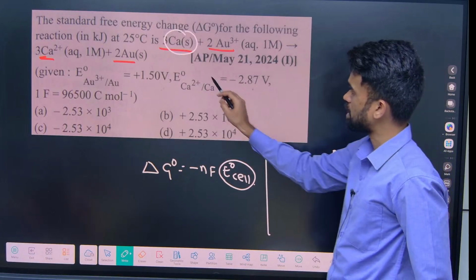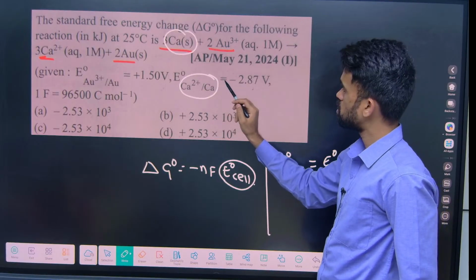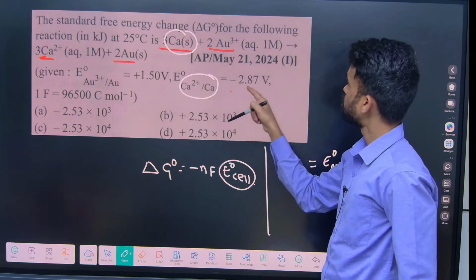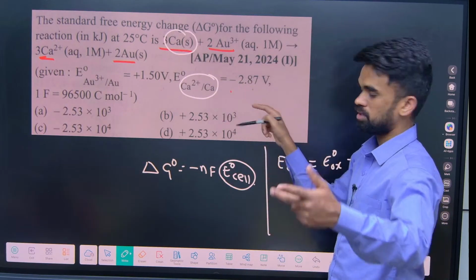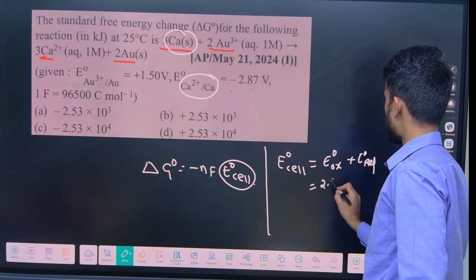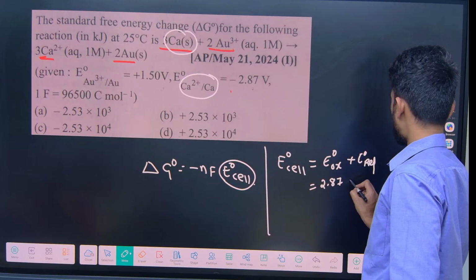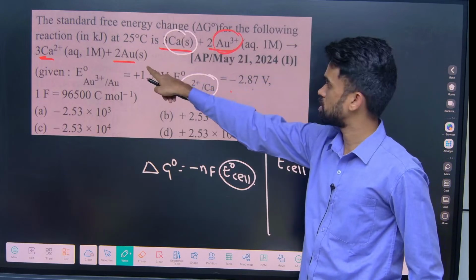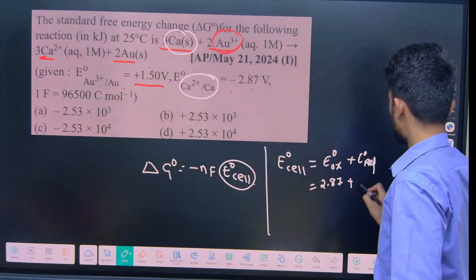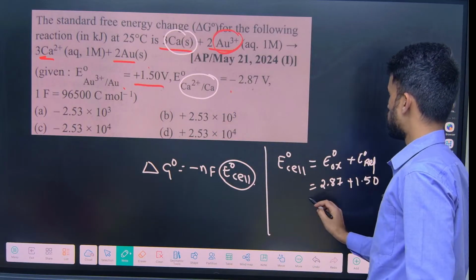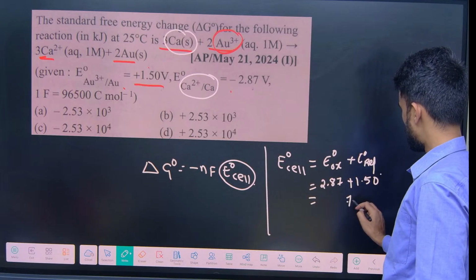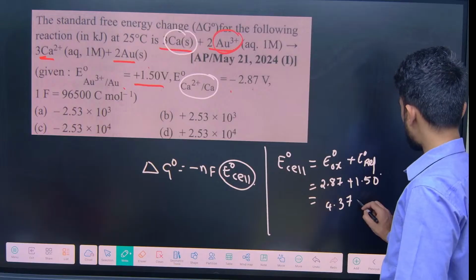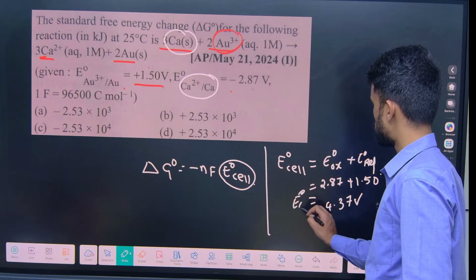But here they have given the reduction potential, and calcium is undergoing oxidation, so take the negative of it: minus 2.87 into minus, so it will be 2.87, plus gold is undergoing reduction, so its reduction potential value is 1.50. So this will be 4.37. This is the cell potential we got.